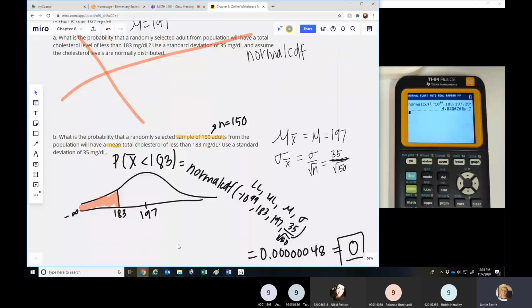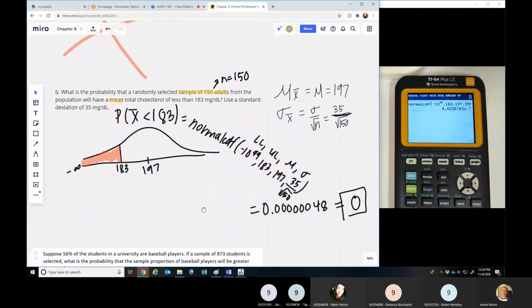I have one question on the quiz that maybe has an extra step you have to do, but I'm going to cover it today. We've already covered it. We covered it during our live session, I think, yesterday. It's also on the practice quiz. It's on the homework. And so I feel like you've seen it enough times that it's not going to trick you.